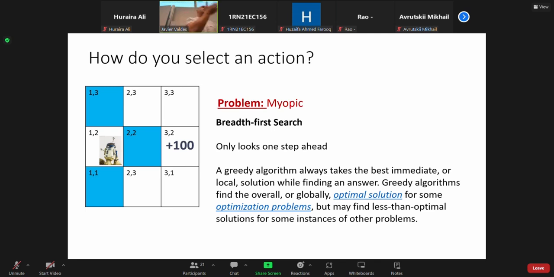I want to evaluate my actions 1.3, 2.2, and 1.1, and I get 0 from all of them. So what will be my next step? If I continue working with the same algorithm, I'm going to expand myself to 2.3 and 2.3 and 3.2. I'm sorry, it's an error. 1.3 and 2.3.